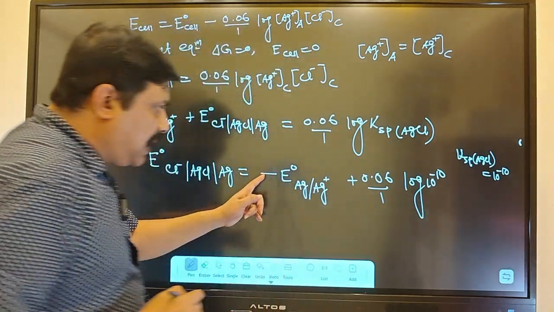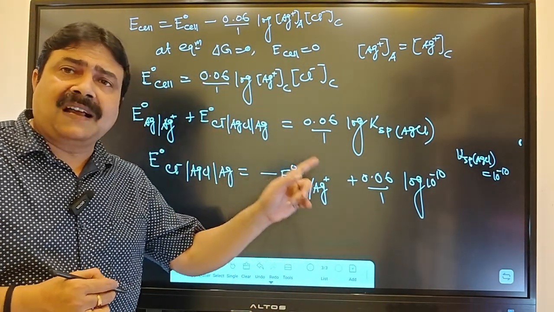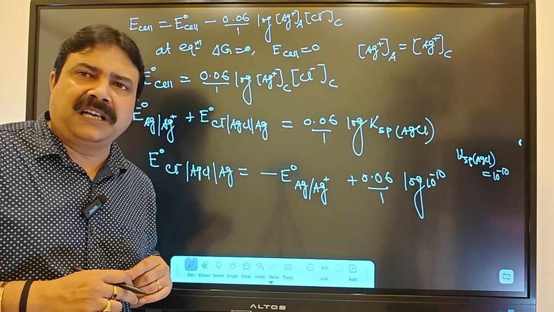Now minus of oxidation potential equals plus of reduction potential for the same metal ion system.